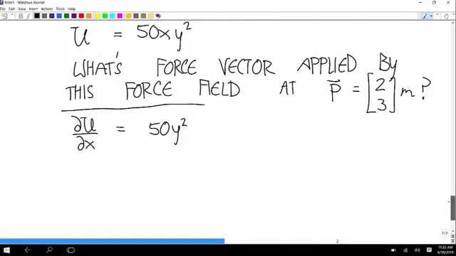And then the partial derivative of U with respect to y, we'll treat the x like it's a constant. So that's going to be 2 times 50 times xy.